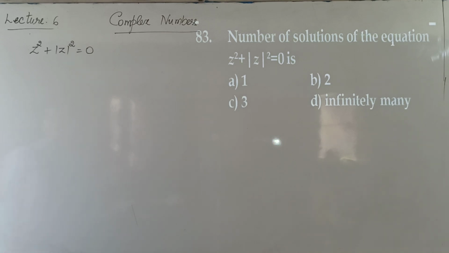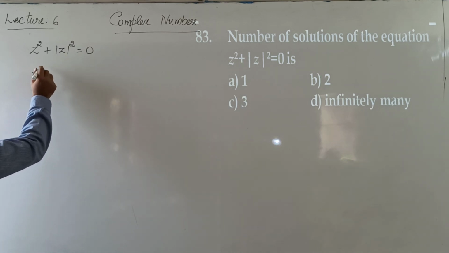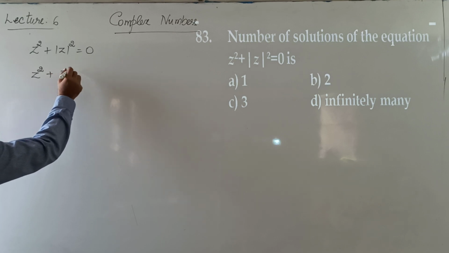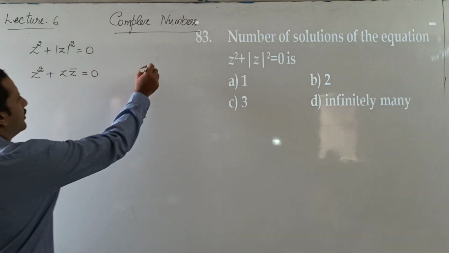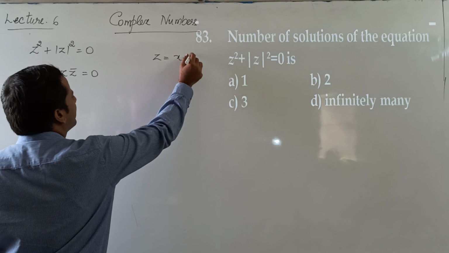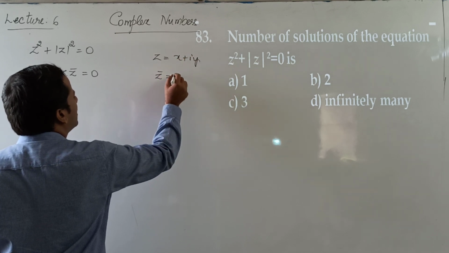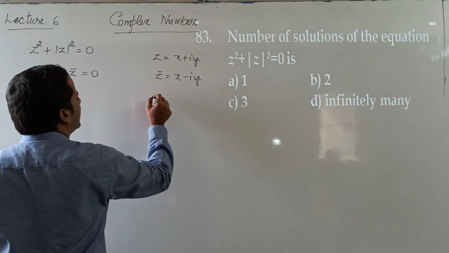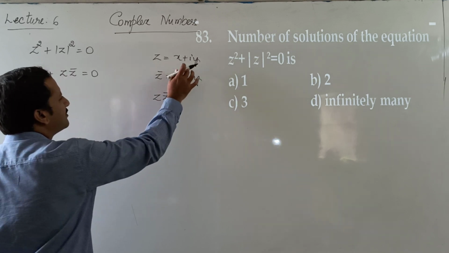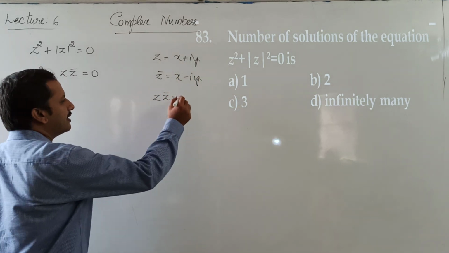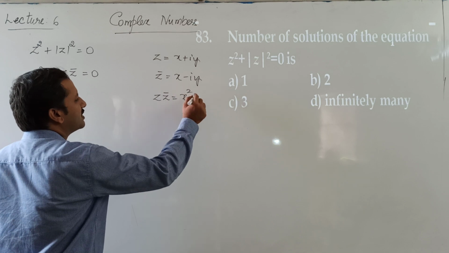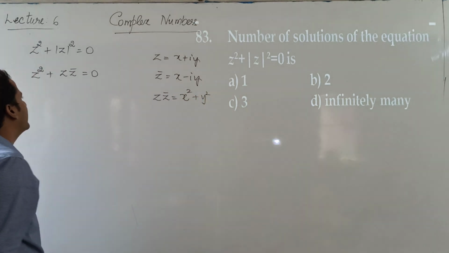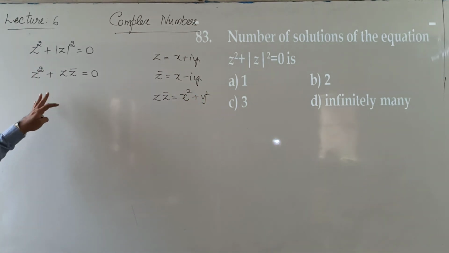I will write mod z whole square as z into z bar. You know z is equal to x plus iy if I take it, then z bar is equal to x minus iy. z into z bar is a plus b into a minus b, a square minus b square, that will be x square plus y square. z into z bar.